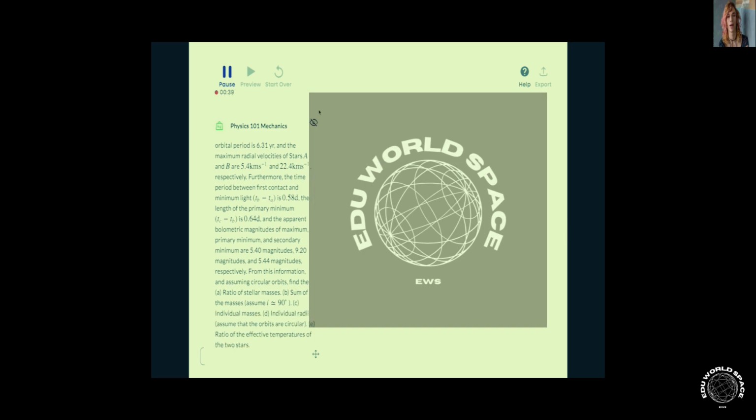And the first thing is we want to find the ratio of stellar masses. Well, there's an equation in the book that says m1 over m2 equals v2r over v1r.